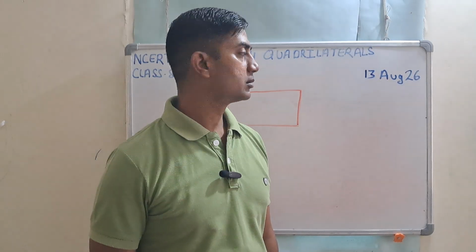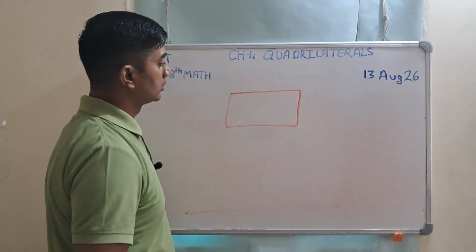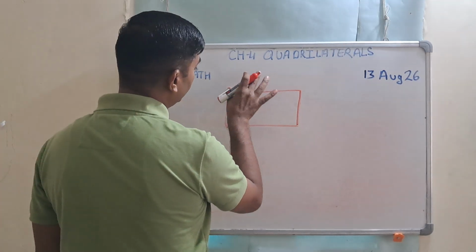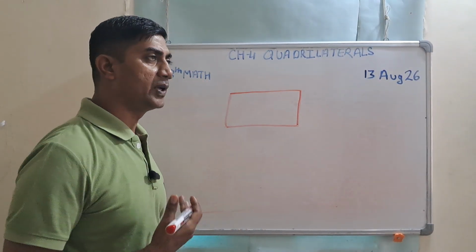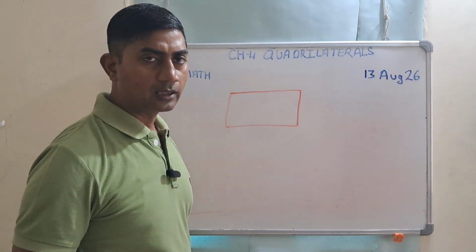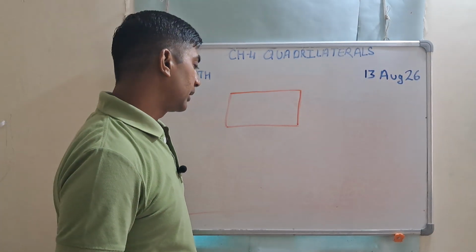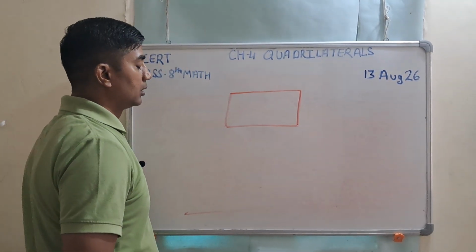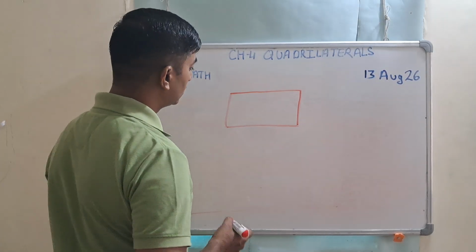Can we say that? Is there any possibility that the opposite sides are parallel but it is not a rectangle? Is there any case? How can you do that?